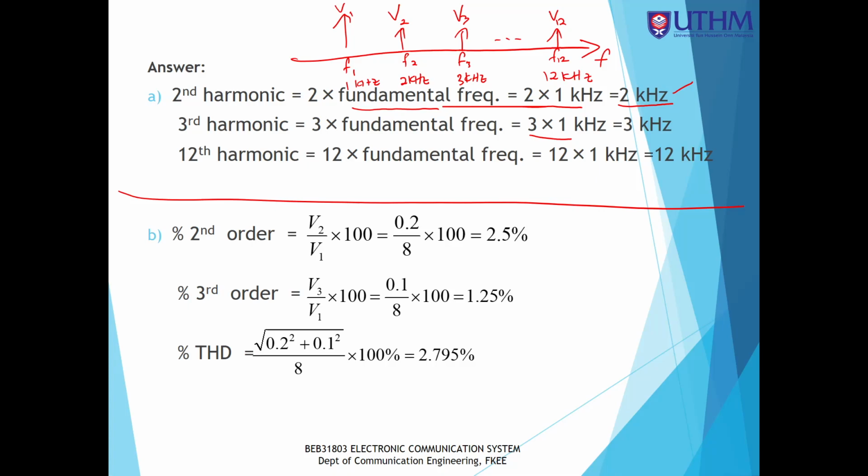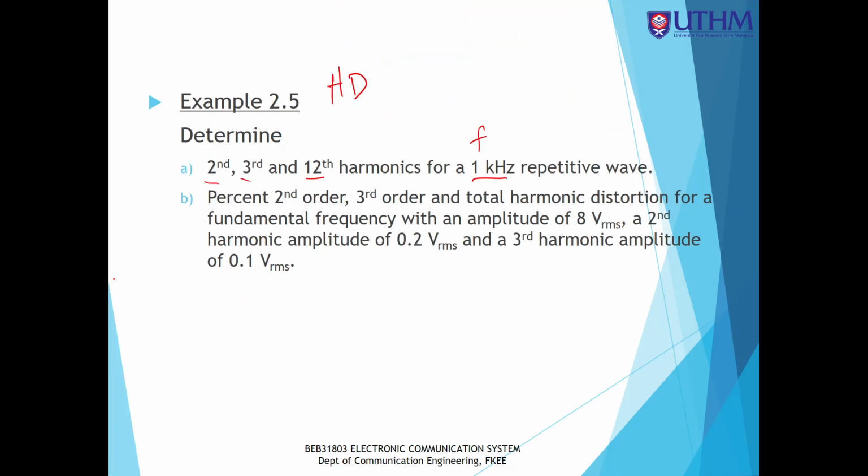We are not finding the distortion yet. The second question is to find the harmonic distortion. It asks to find the percent of second order, third order, and total harmonic distortion for a fundamental frequency with an amplitude of V1 equal to 8 volt RMS.